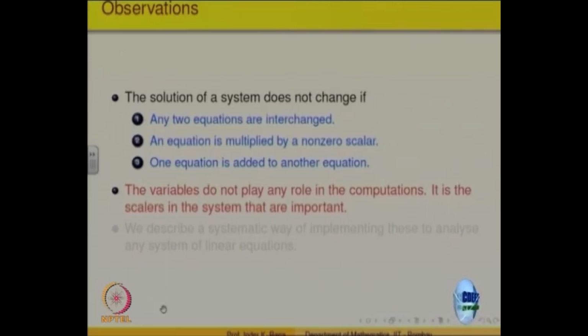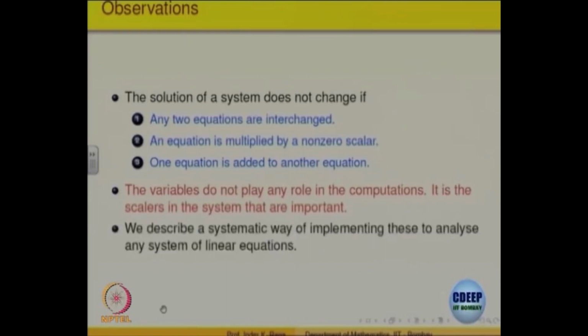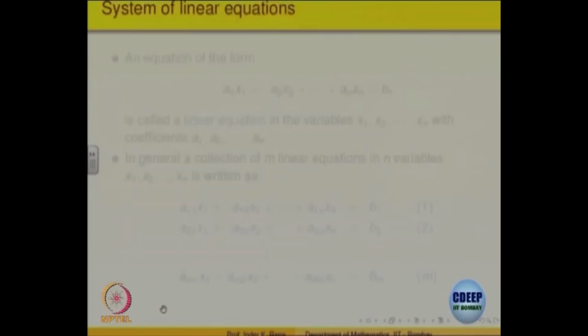They change when you do something with them, scalar multiple, add, and so on. So, we can forget about these variables, only we should keep track that this is the coefficient of the first variable, this is the coefficient of the second variable, this is the coefficient of the third, and so on. So, variables do not play any role. So, let us try to describe this in an abstract setting, these are observations.